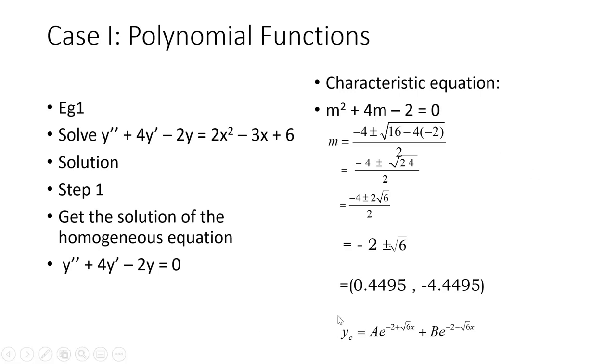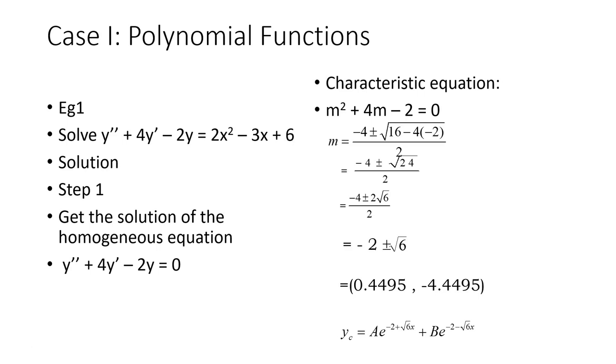So this is what you have learned yesterday. Now the new thing here is how to find your yp. In my notes in the Word version, for the yp I use yk, just different notations. So the yh there is actually the yc. Now, how are we going to determine the yp?